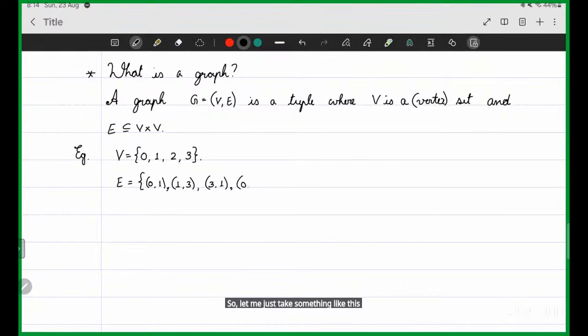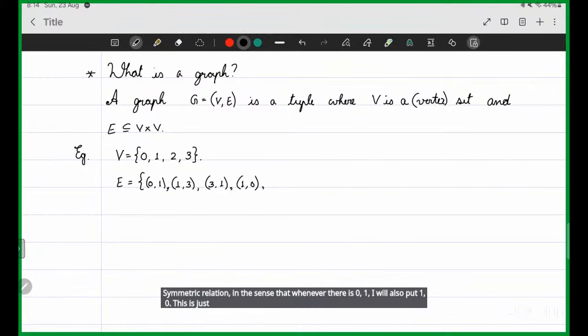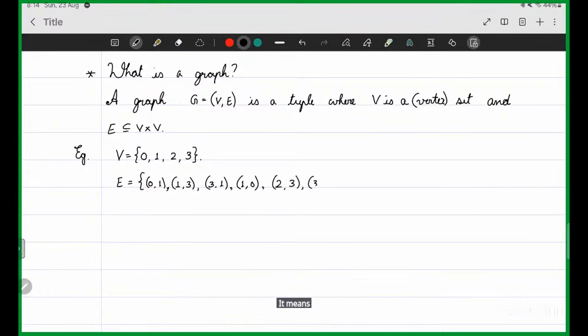I'll take a symmetric relation in the sense that whenever there is (0, 1), I will also put (1, 0). This is just for this example. We'll see what it means. It means a subset of the 16 pairs, not necessarily all the elements. I'll just take some of them. Let's just stop over here, maybe.